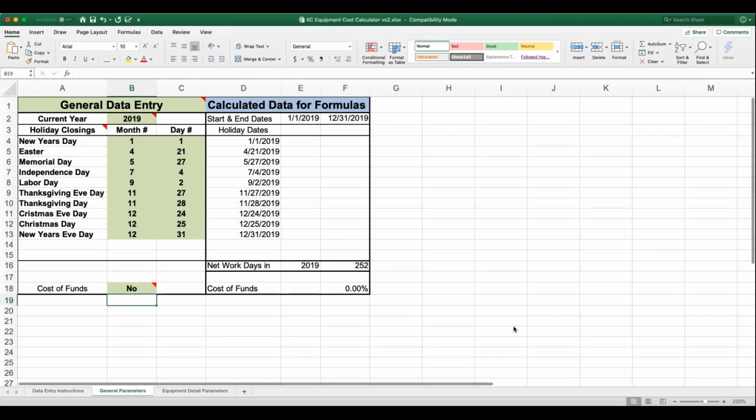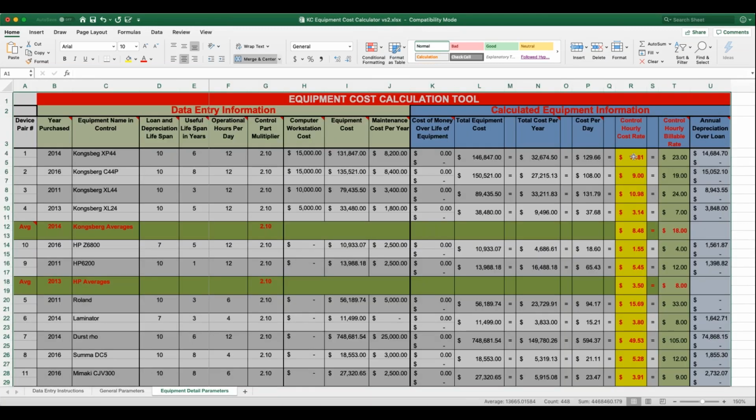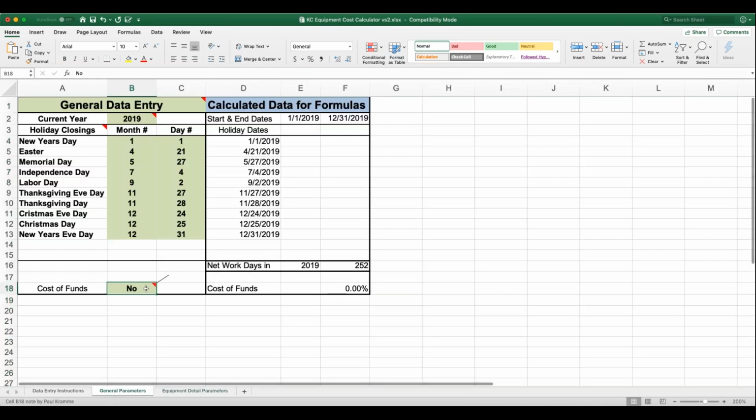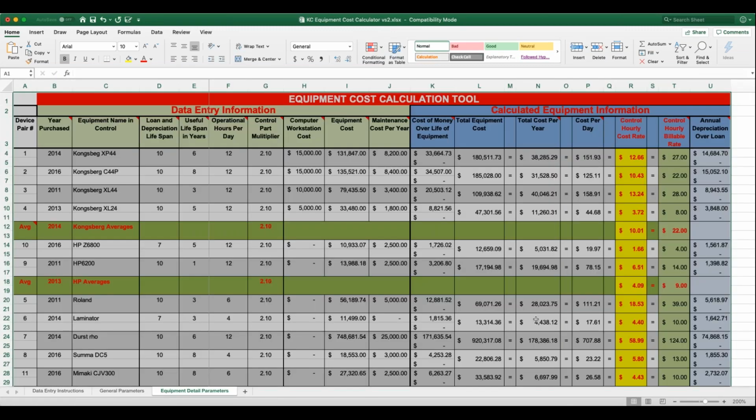Let's go back and keep the cost of money. Well, before I do that, remember the number 1081. If I go back and put in the same numbers that I had, it goes from 1081 to 1266, almost $2 an hour by excluding the cost of money. So it's not an insignificant consideration when you're trying to determine what that hourly rate should be for equipment.